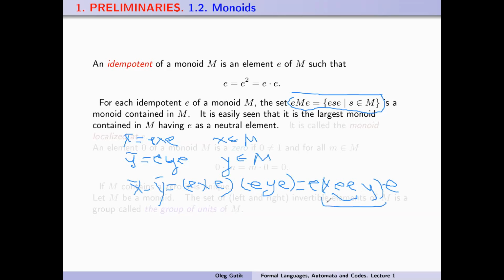This element has the underlying element in the monoid M, and hence we get that this element belongs to eMe.